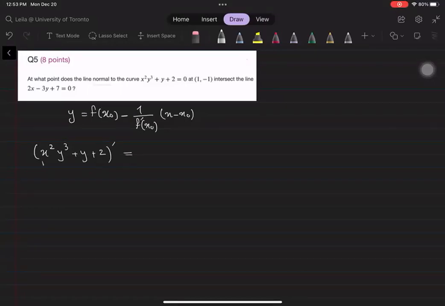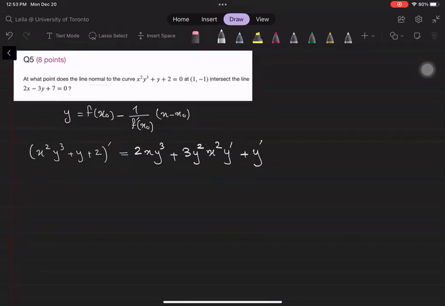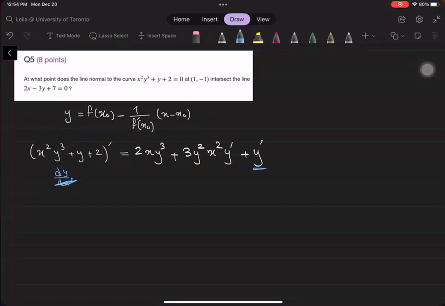So this part is going to be, by the product rule and chain rule, first you have 2x y cubed plus 3y squared x squared. Now the reason that we still have the y prime is that we have dy dx here, and that's not equal to 1, so you need to have the y prime.